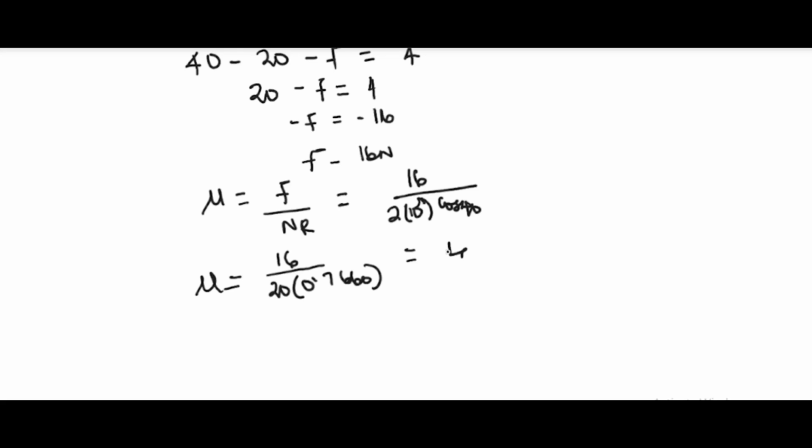If you have your calculator, let's do it together. 20 times 0.7660 will give us 15.32. So we have our coefficient of friction equal to 16 divided by 15.32, and that will give us 1.044 approximately.